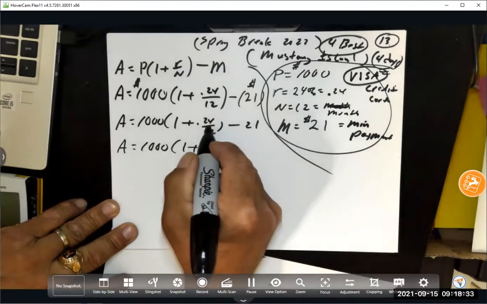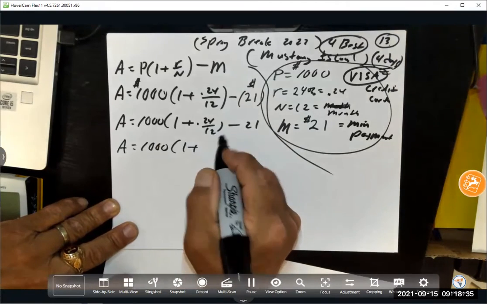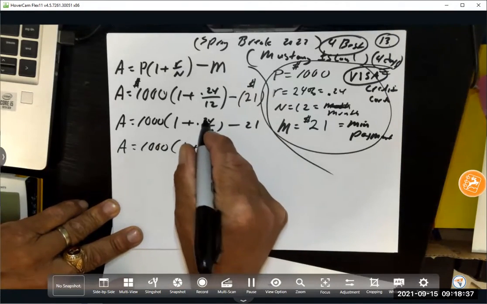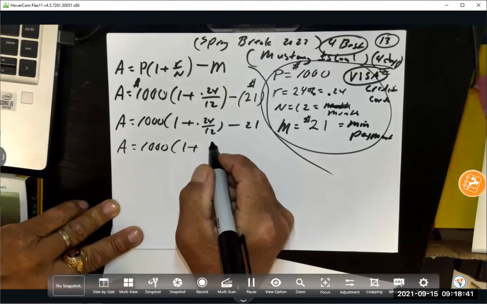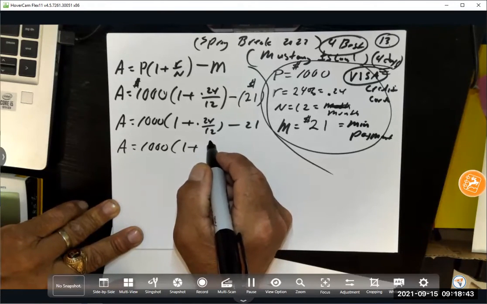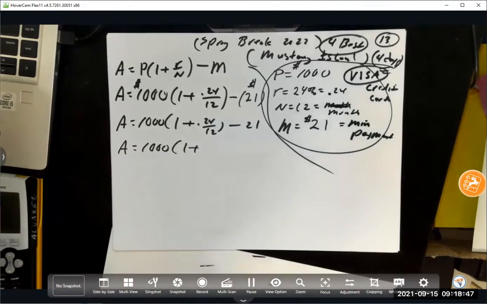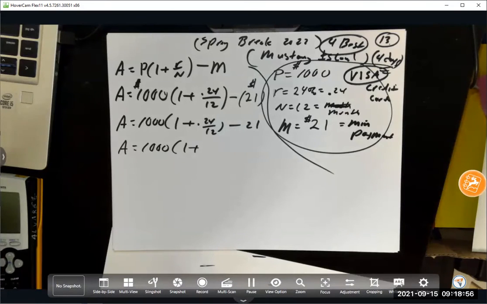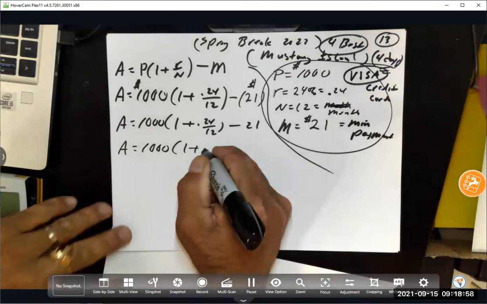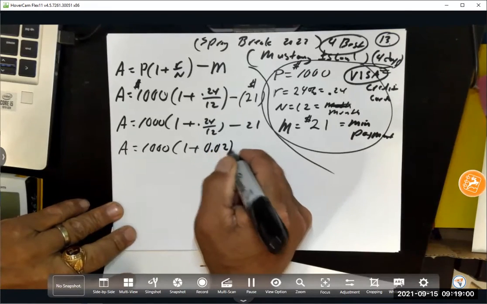This is gonna be 1. What's 0.24 divided by 12? Somebody tell me the number. Turn on your calculator. What'd you get? 0.24 divided by 12. Is it 0.02? Yeah, that's right, 0.02. That's correct.